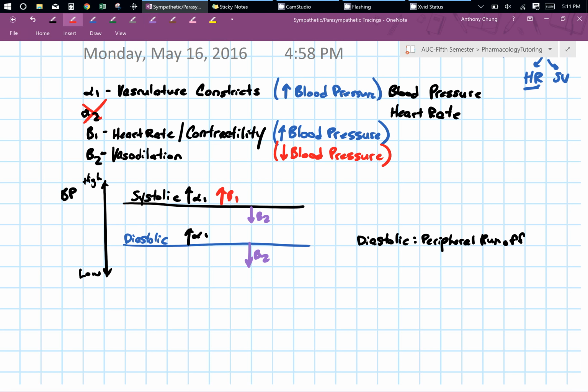Muscarinic? You started today. So just know this fact, okay? So I'm going to make big stars over here. Muscarinic receptors in vasculature vasodilate.